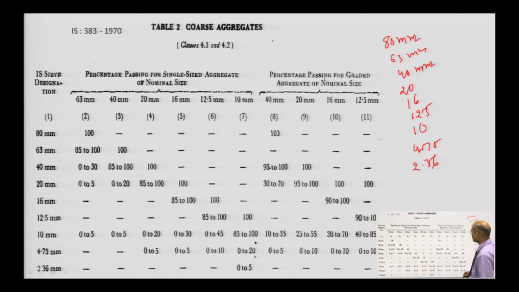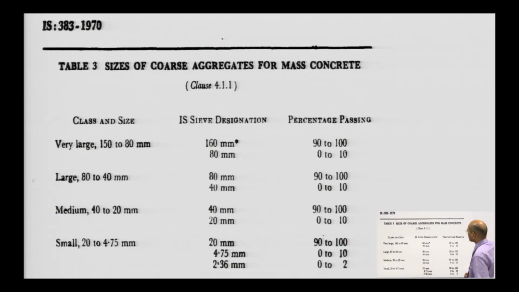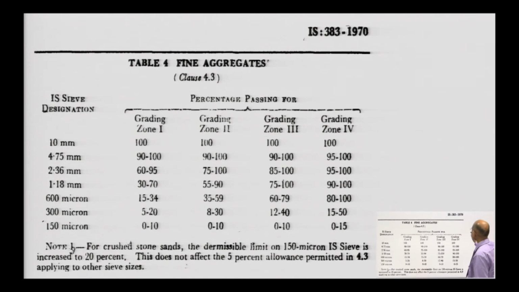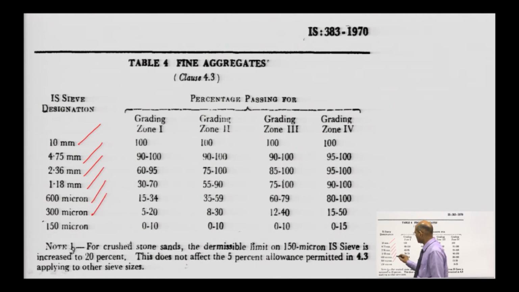This is for coarse aggregate, and for fine aggregate once again we have this range: 10 mm, 4.75, 2.36, 1.18, 600 micron, 300 micron and 150 micron. So, you have to go for the sieving. You have to sieve through these sieves.